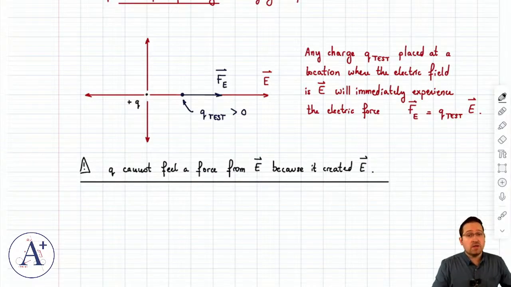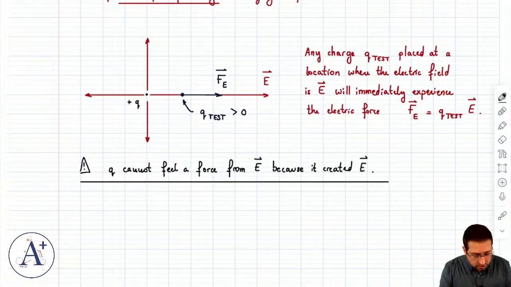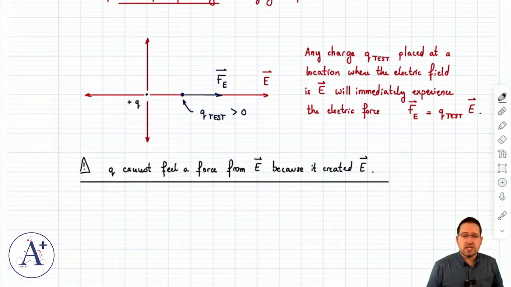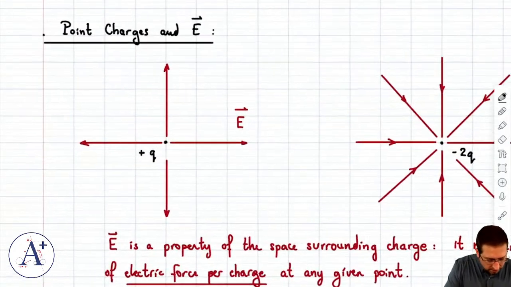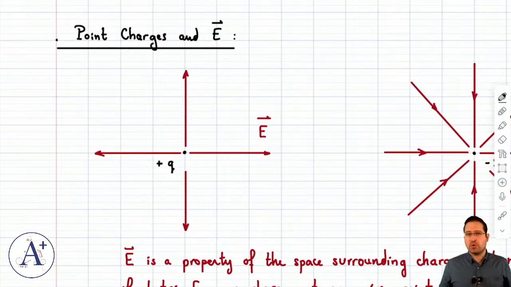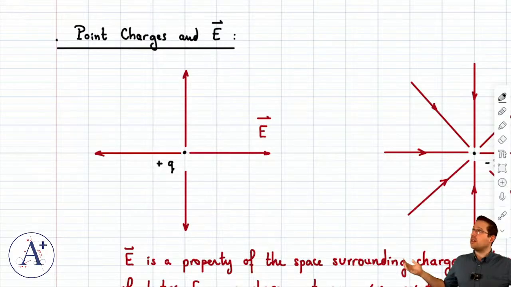Now, yes, Q test also creates an electric field, and then Q can say, oh, wow, look at the electric field created by Q test. I will feel an electric force because of that. But it can't be the case that Q is sitting all by itself at the bus stop and it's bored, and it's like, oh, look, I have created an electric field around me. Why don't I experience the electric force from it? You can't do that. You can't do it.